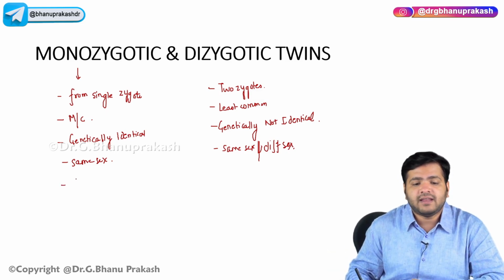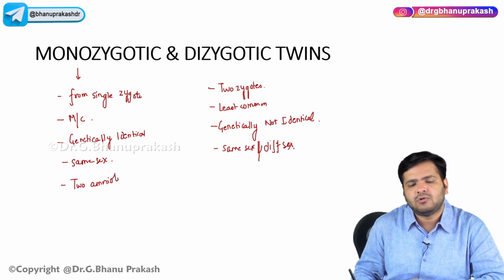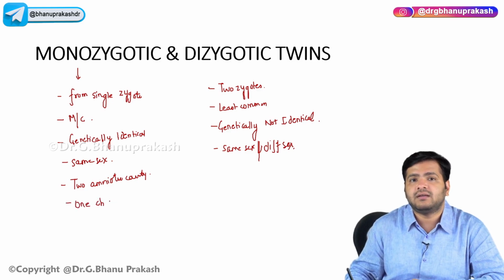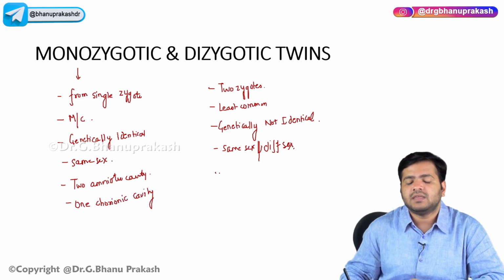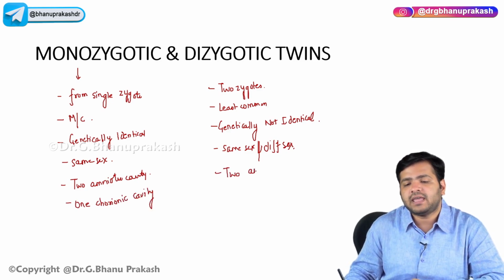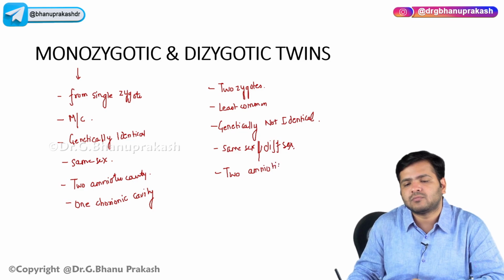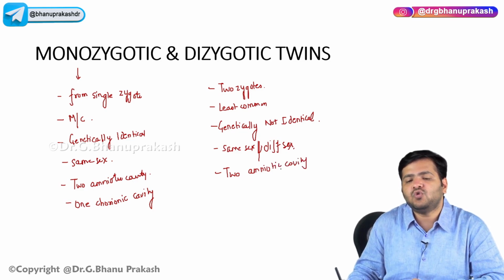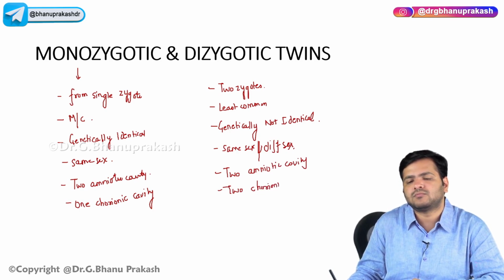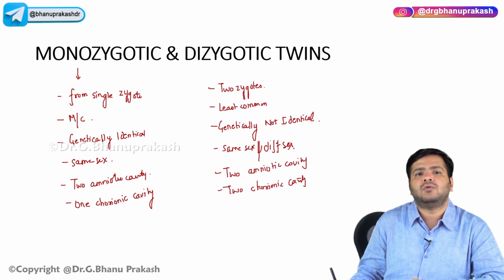Over here, you will find two amniotic cavities but one chorionic cavity. The other has two amniotic cavities and two chorionic cavities.